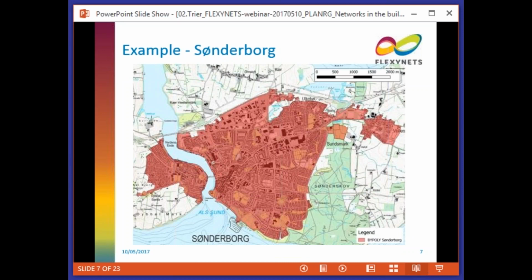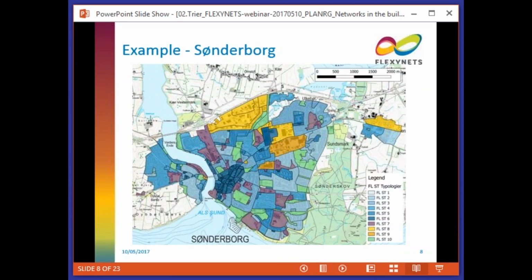The red area is just what is defined as a town area, and applying the typologies I explained about before gives us this result, where we can see that the center of the town is the dark blue one on the lower left part of the town area, whereas the yellow ones are the industry areas where we could expect to see some sort of excess heat facilities or availability.